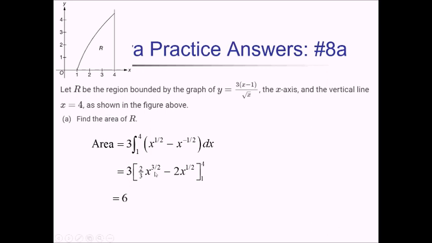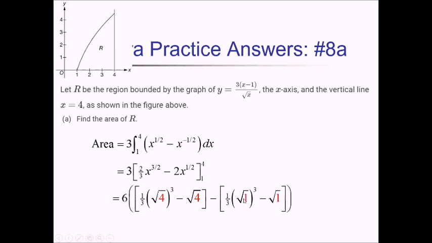So I'm going to plug 4 into that, and I'm also going to have just the square root of 4 over here. So I have 1/3 square root of 4 cubed minus square root of 4. So that's everything with 4 plugged in. Now I'm going to subtract everything with 1 plugged in. So I'm going to have a 1/3 square root of 1 cubed minus square root of 1.